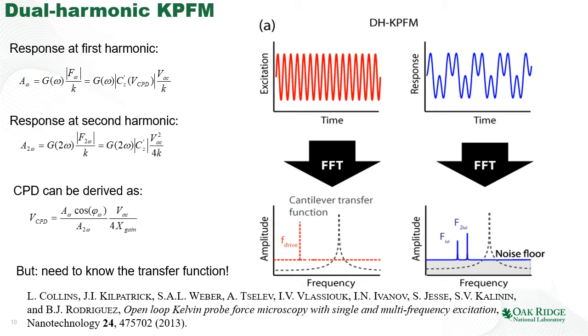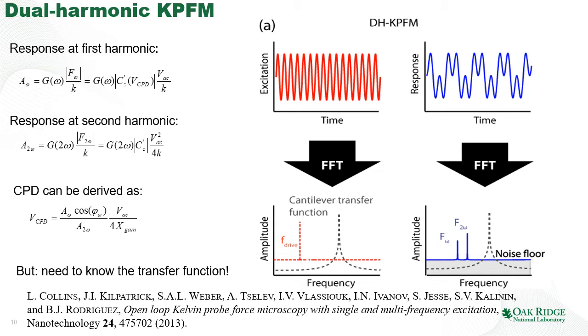Practically, however, it doesn't work this way because we don't measure the forces, we measure only something proportional to the force. So one way to avoid this problem is to calibrate the cantilever transfer function.